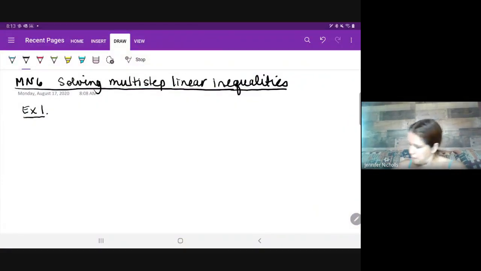Okay, so for example 1, we have 7x minus 5 greater than or equal to, let's see, what number do I want this to be? We'll do 9. So what do I do first? You guys type what I do first.